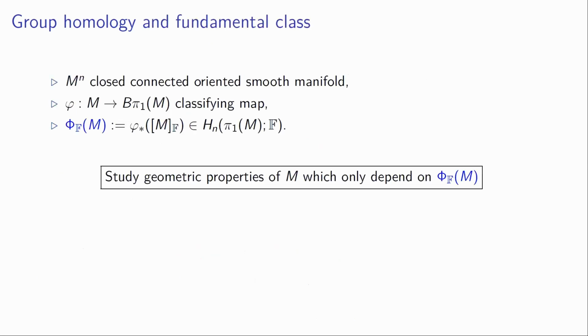I will use this in order to study properties of closed, smooth, connected, oriented manifolds, especially metric properties of these manifolds, or even differential geometric properties. Once you have written down M, you can define its classifying map.